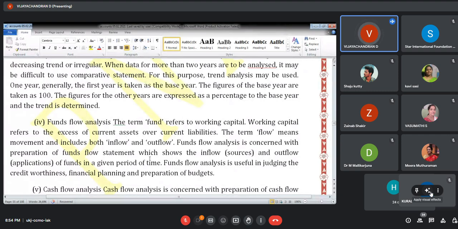So now I am coming to the question. You are repaying the bills payable. What is the effect on working capital? Maybe your answer is wrong, don't worry.